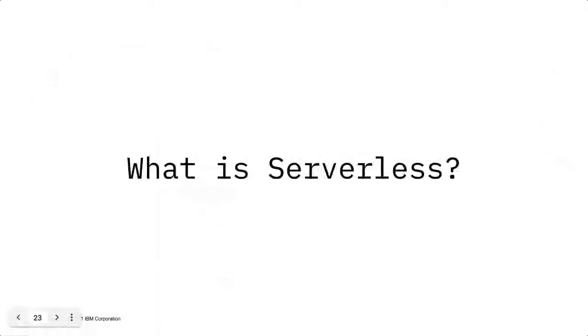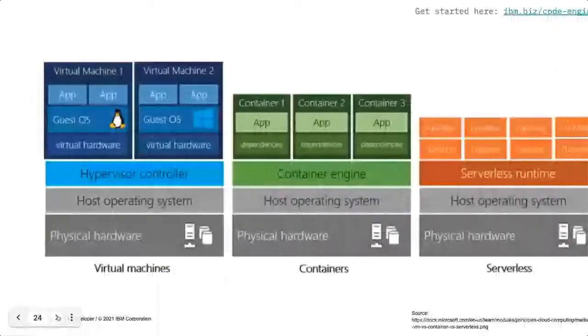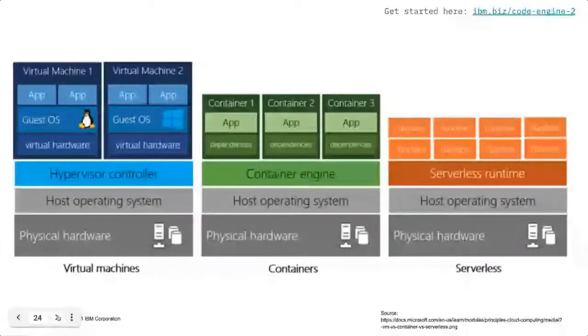And then serverless. When we're talking about serverless, Code Engine, which we're going to get into, is our serverless platform as a service. As you can see here, we have a serverless runtime that's running on top of our host operating system. So as you can see here, that's the difference between containers and serverless.